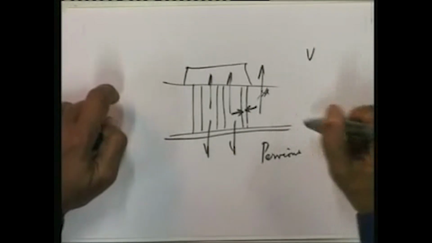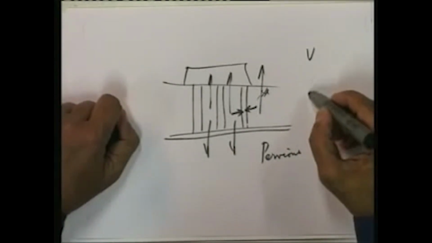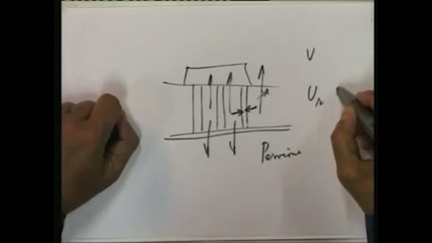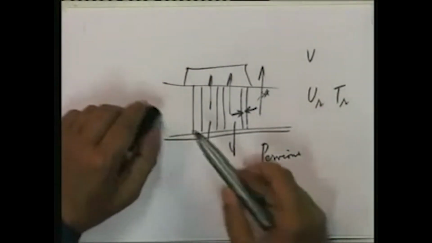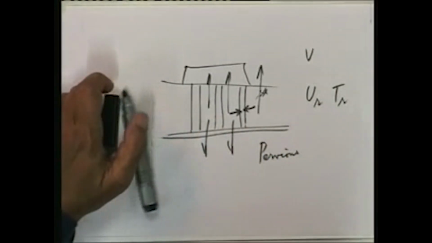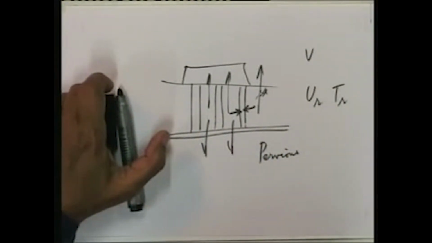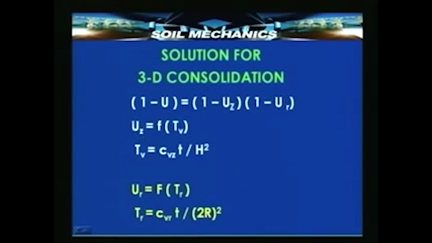The radial consolidation also we discussed, where we calculated UR as a function of time factor TR. Now, if you take a look at this equation, you will find that vertical consolidation, average consolidation is given by UZ, Z standing for vertical now.